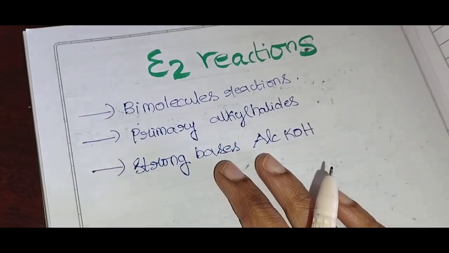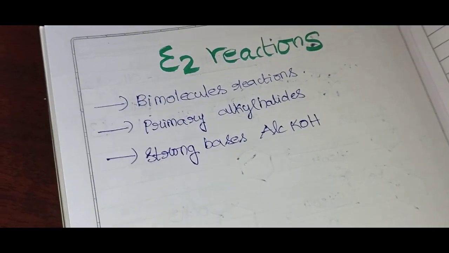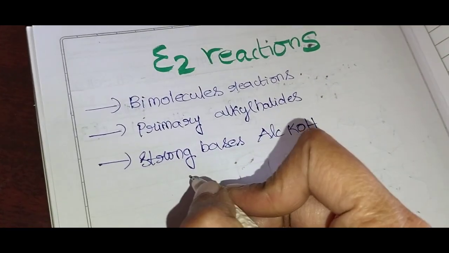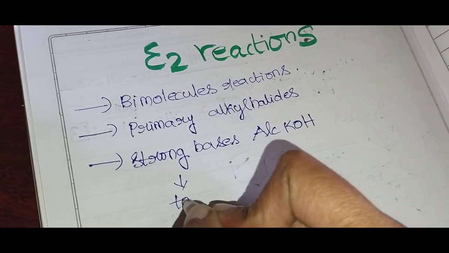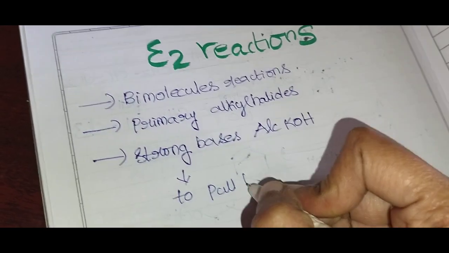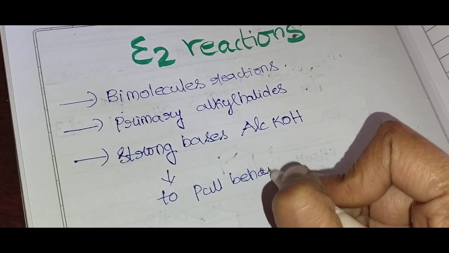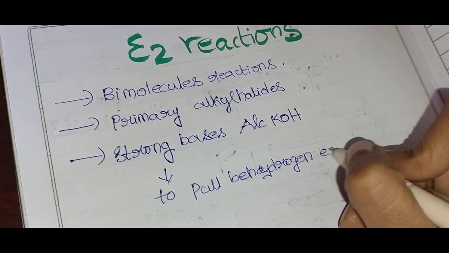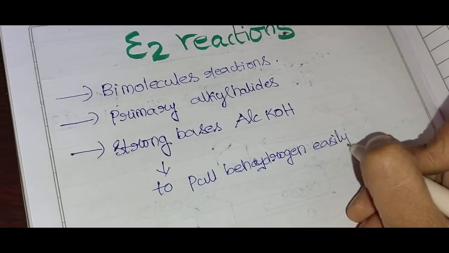So why are strong bases needed? To pull the beta hydrogen easily. We already discussed what beta hydrogen and alpha hydrogen are.